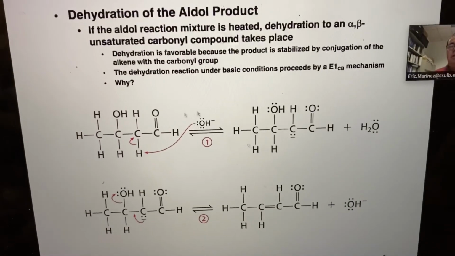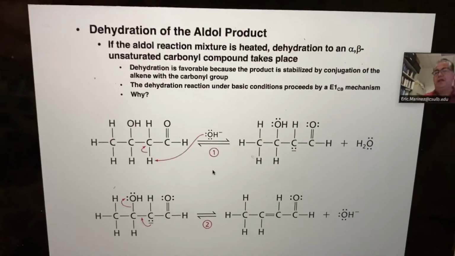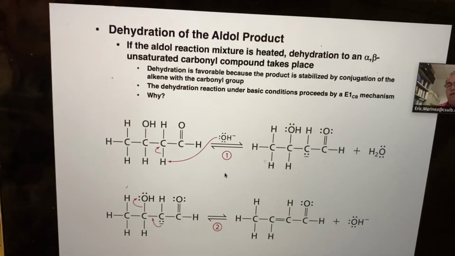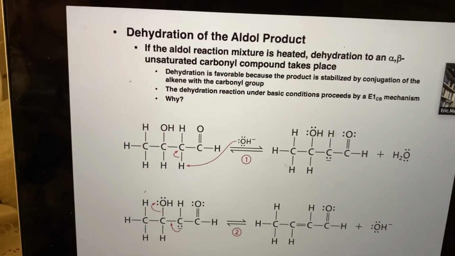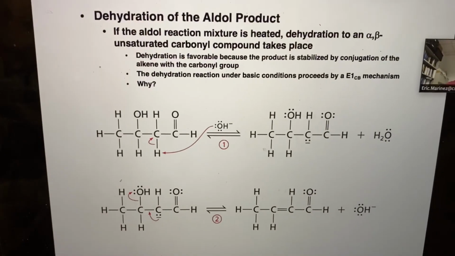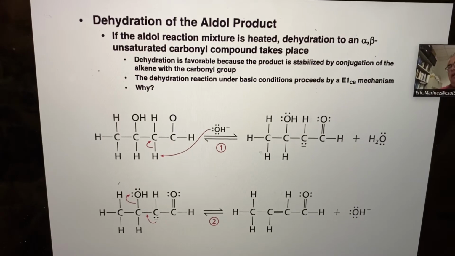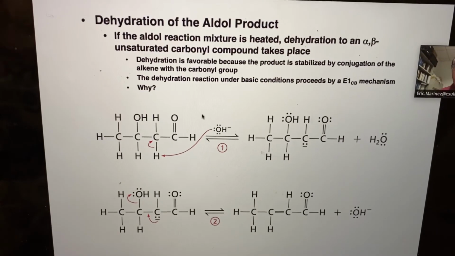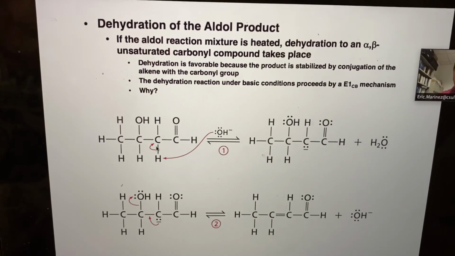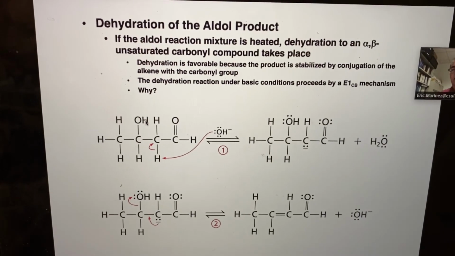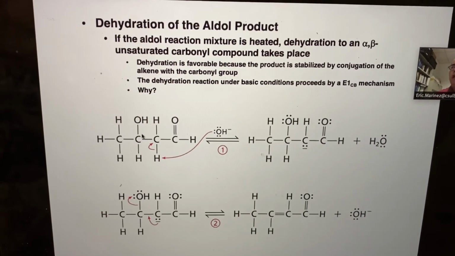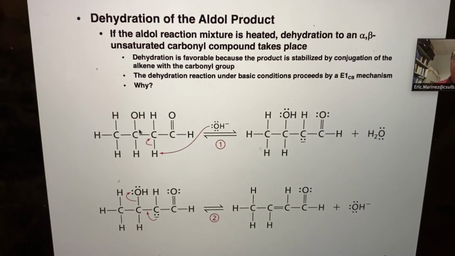This is basically an elimination mechanism. And in the first semester, you should have learned two elimination mechanisms. You learned E1 and E2. E2 was what? A concerted reaction, right? Where I take the base, and as the base is reacting, the leaving group leaves. But in E1, I formed an intermediate where I formed a carbocation. Okay?